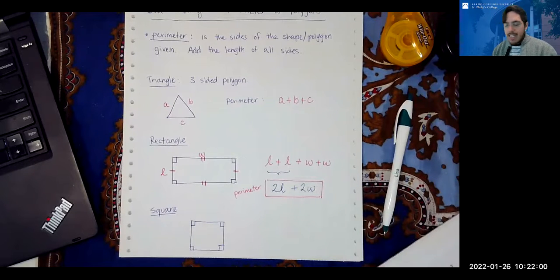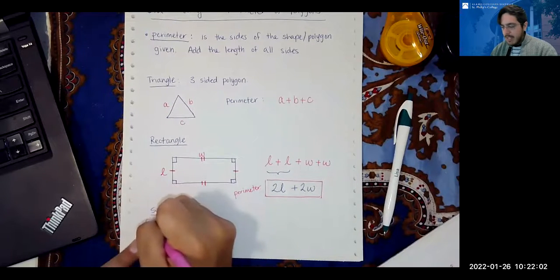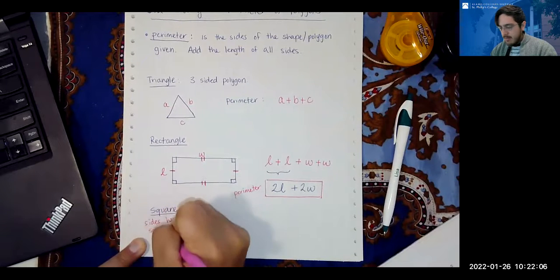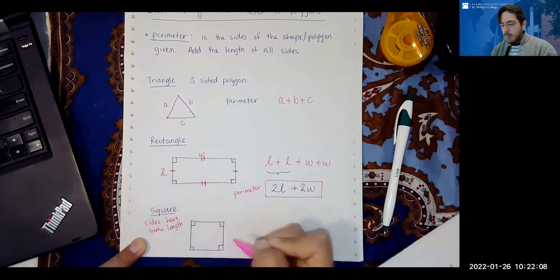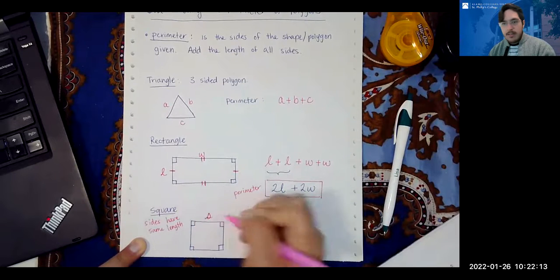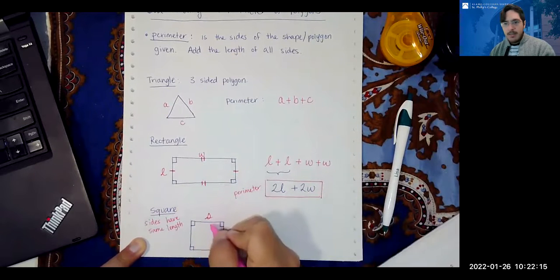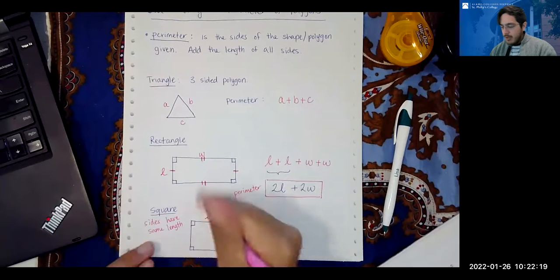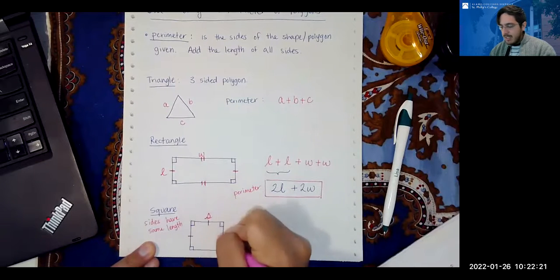So all of the sides have the same length, which means we just need one label. I'm going to put a cursive S here to label the side, just so that we don't confuse it with a 5.